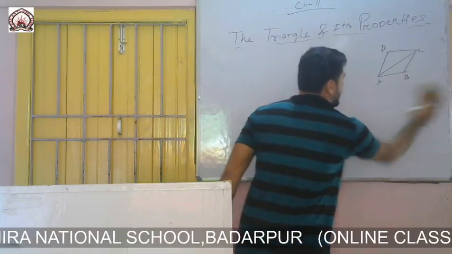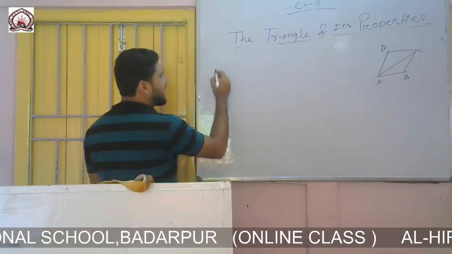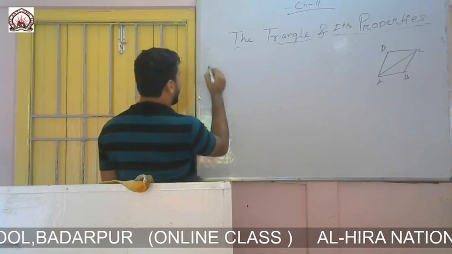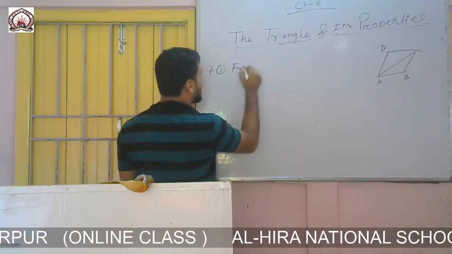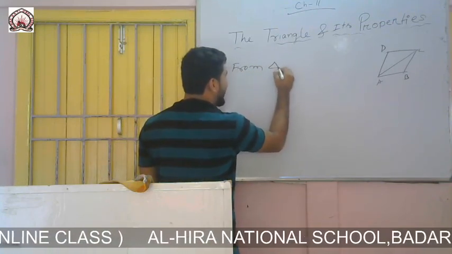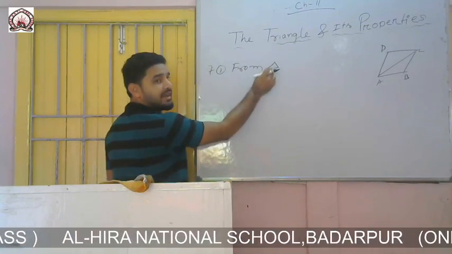Okay. So write from the triangle. It is question number 7-1. See from the triangle. In place of writing triangle, I have given the symbol.